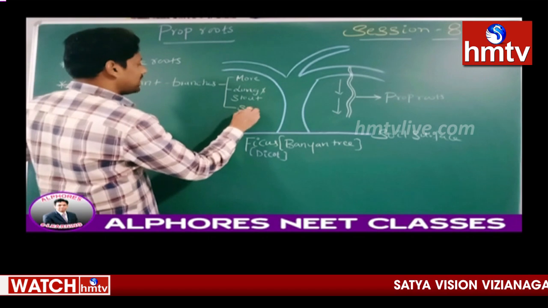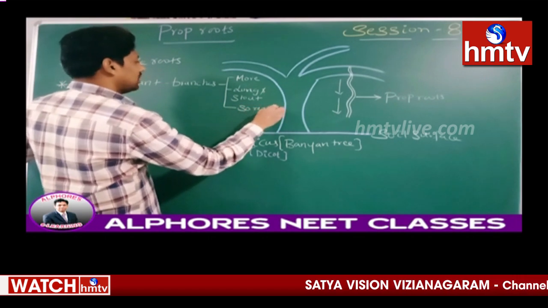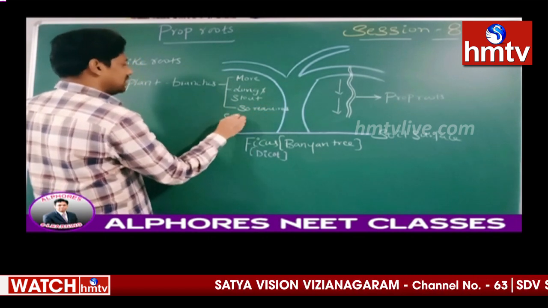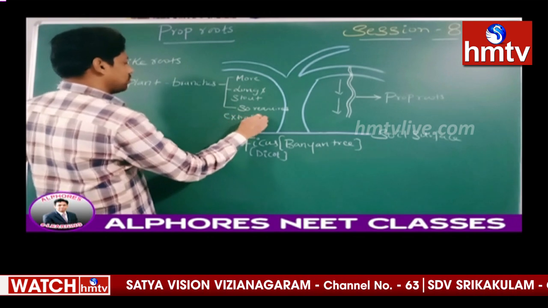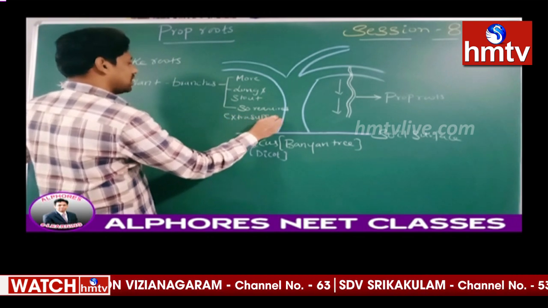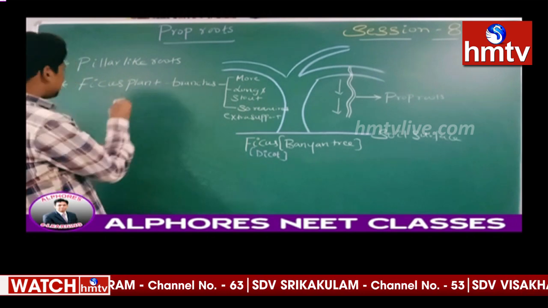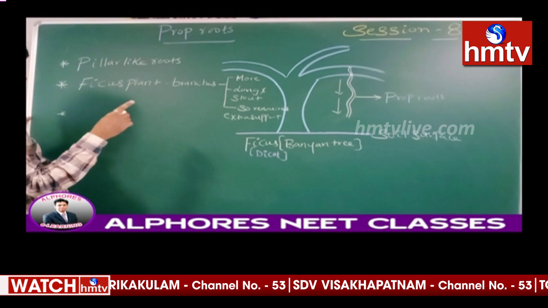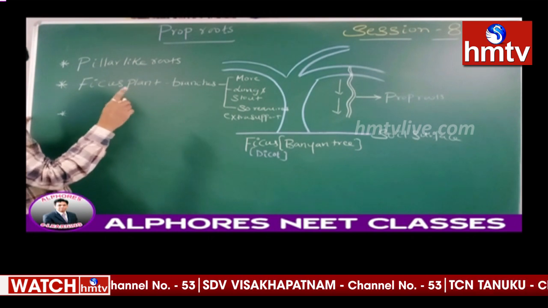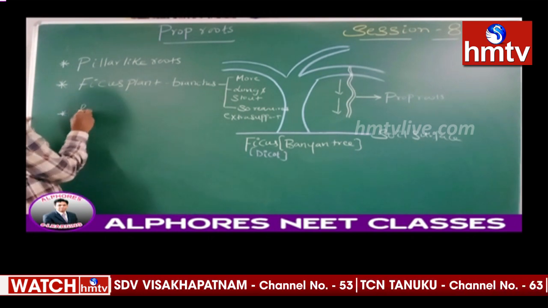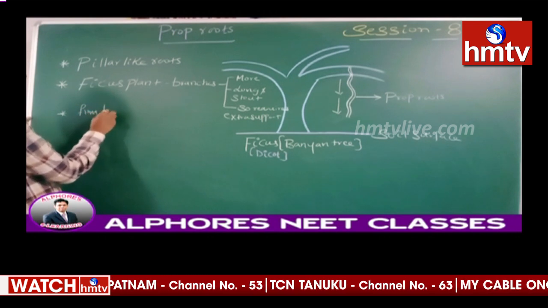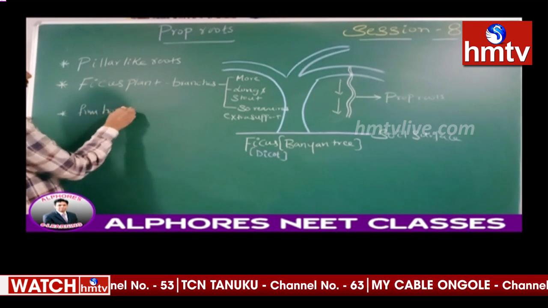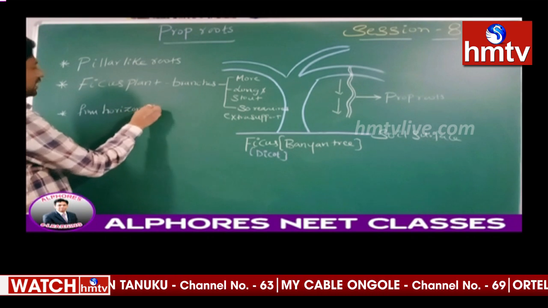So it requires extra support. To provide this support, what are developed, sir? Aerial adventitious roots are developed from which branches? From horizontal branches.